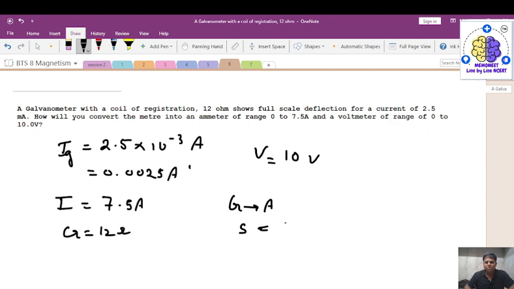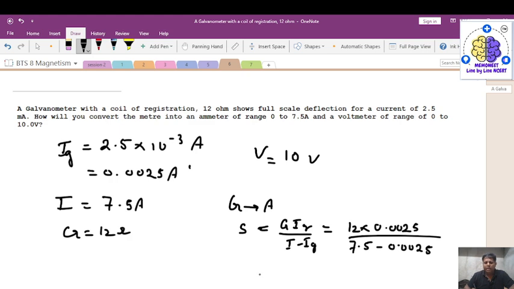Now, for conversion from galvanometer to ammeter, we need to calculate the shunt, and the shunt will be equal to G into Ig upon I minus Ig. So putting the values, it will be 12 into 0.0025 upon 7.5 minus 0.0025, and calculating this we will get the shunt S as 4 into 10 to the power of minus 3.